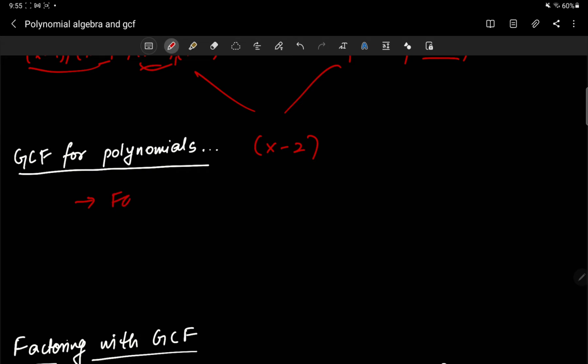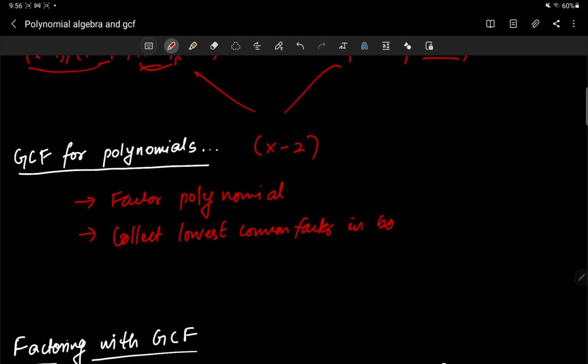Factor the polynomials and then collect the lowest common factor in both.